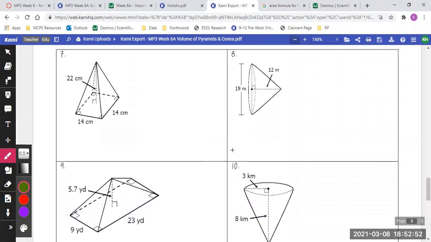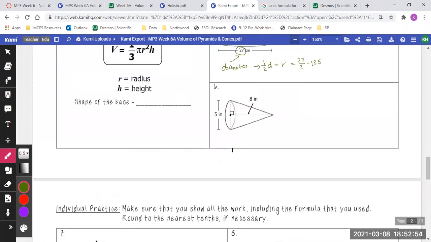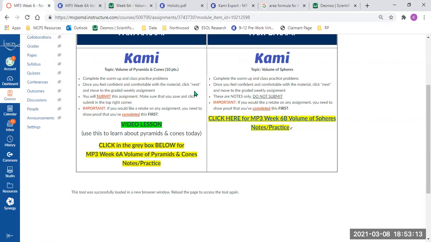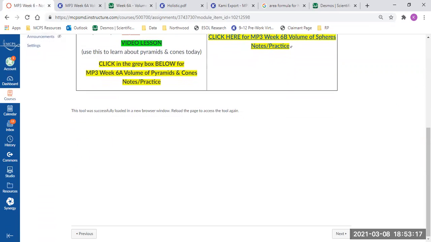If you don't like to write on these CamiDocs and would prefer to do the Desmos activity, that's perfectly fine. They are obviously the same ones because here we just did this one. So again, pick the way that you want to show it, but we would like for you to work through that by yourself. See how far you can get. Again, this other one we will work together with.